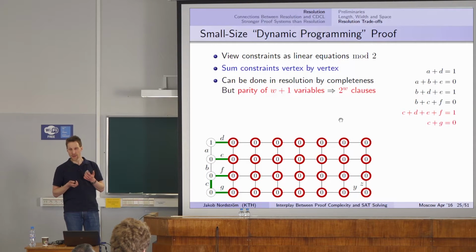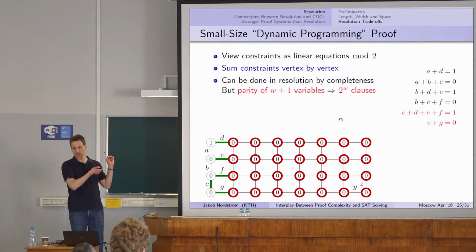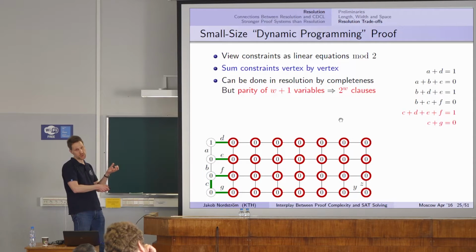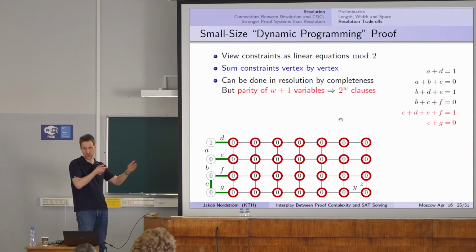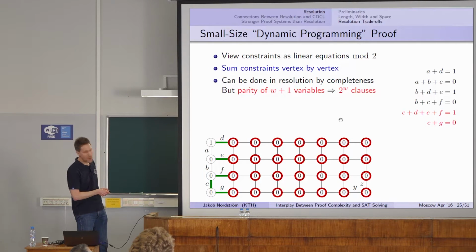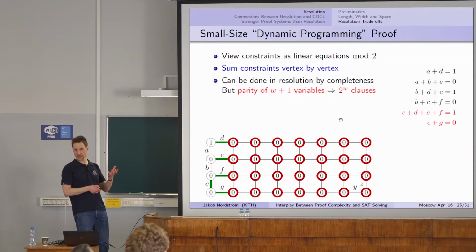And this is something you can do because, you'd have to write down the clauses representing these sums, but you can do it. CNFs can represent any Boolean function. And resolution is implicationally complete, so you can certainly carry out these computations inside resolution. The only thing that will happen is that, of course, representing a parity of W variables takes 2 to the W clauses.